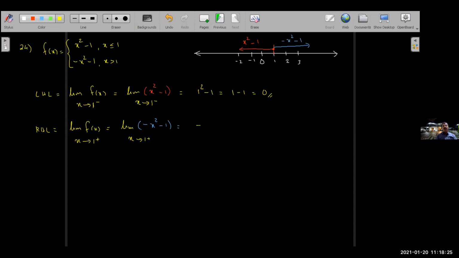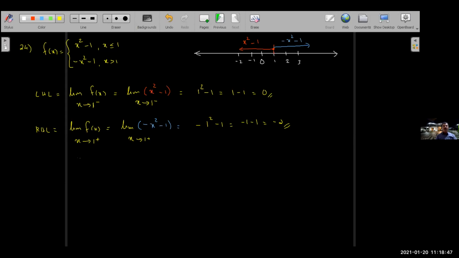Putting the value, x is 1. It is not minus 1 the whole square, it is minus 1 square. Minus 1 square is minus 1. Minus 1 minus 1 is minus 2.